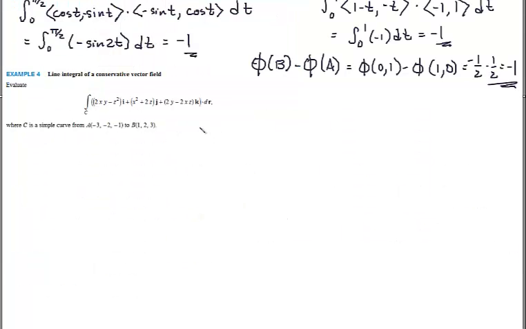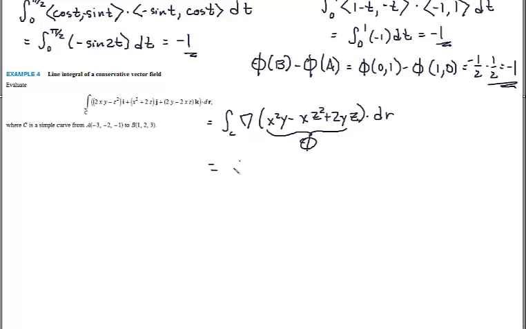For our next example 4, to compute this integral, well, we can use our theorem to state that this integral is the gradient of x squared y minus x z squared plus 2yz dot dr, because this happens to be my phi.